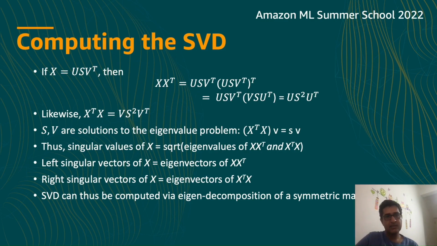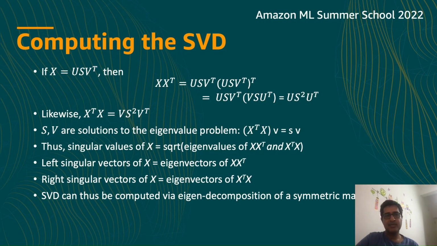matrix X, if you were to take X times X transpose, it turns out to be U times S square and U transpose. Similarly, X transpose times X becomes V S square times V transpose.